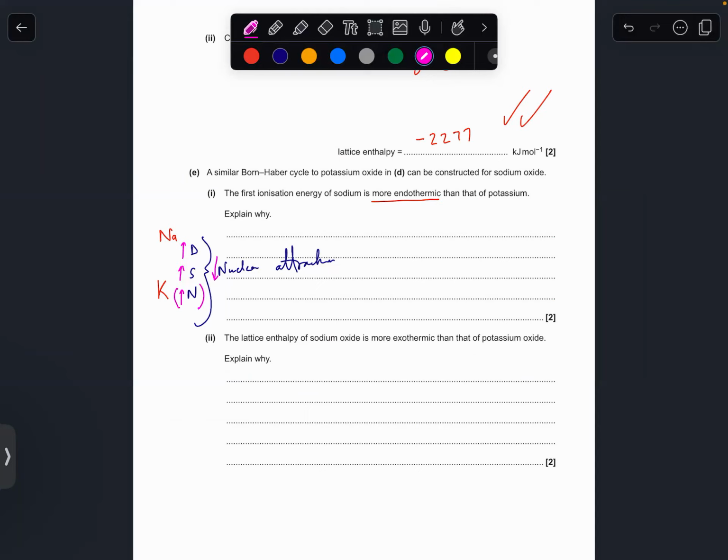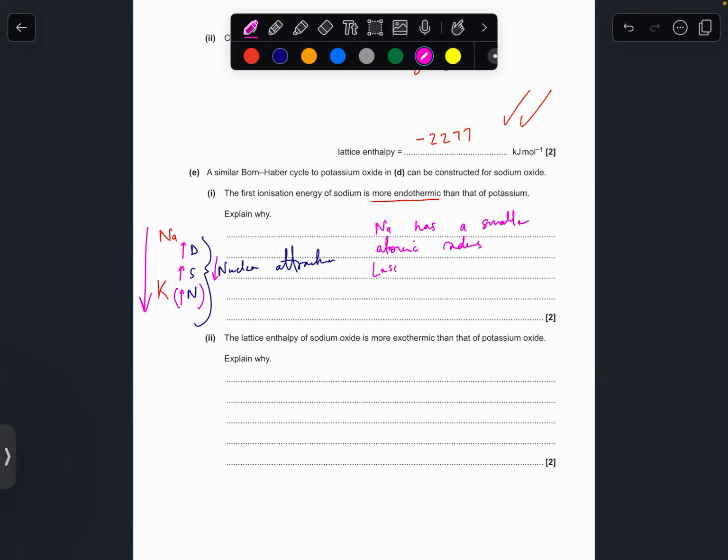So why is sodium more? We're going from there to there. Let's talk in terms of sodium. Sodium has a smaller atomic radius.